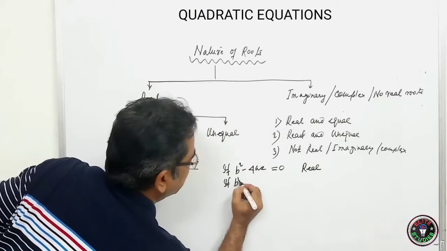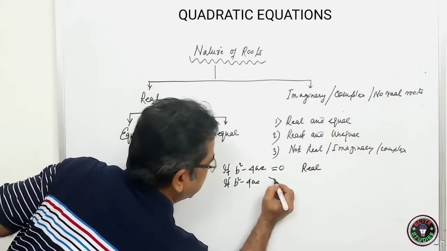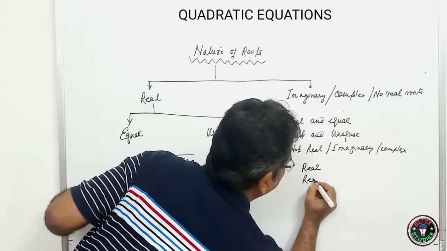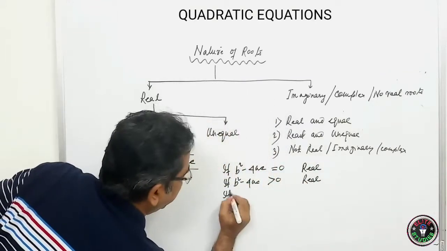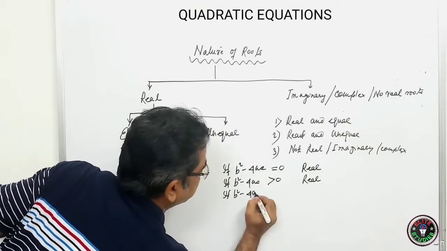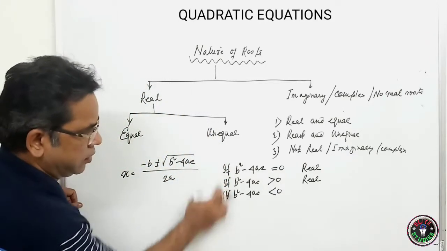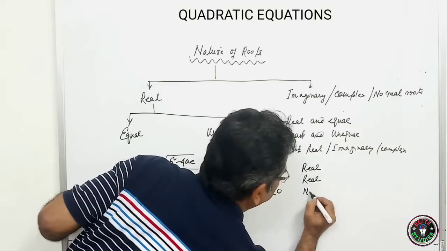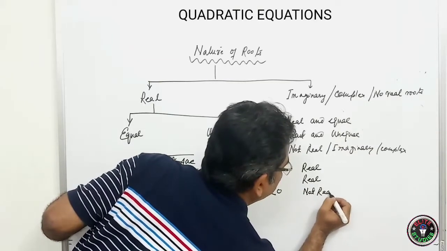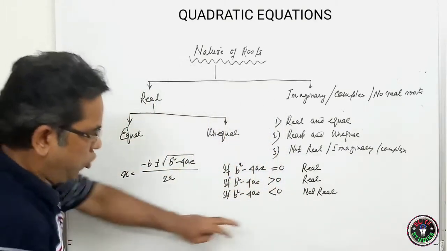If b square minus 4ac is greater than 0, it will also give you real. If b square minus 4ac is less than 0, extremely important, this will be not real. So one part is over.